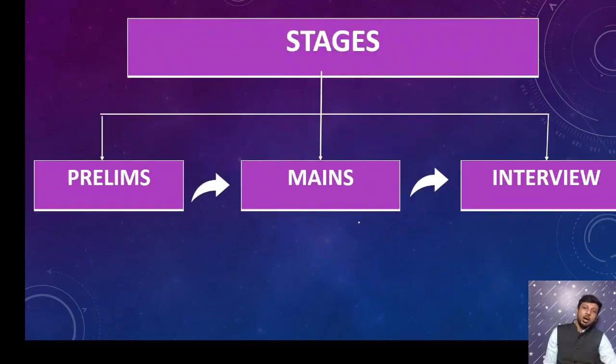Now let us see how this examination is conducted. This examination is conducted in 3 stages: the preliminary stage, that is the prelims exam, then the mains exam, and then the interview. The prelims exam is objective type, that is, you have to shade the answers in the OMR sheet. Coming to the mains exam, this is subjective.